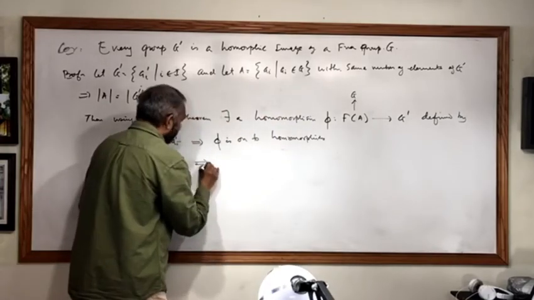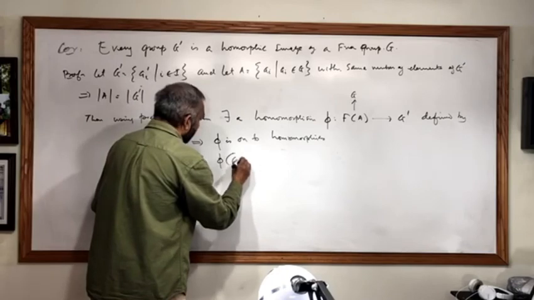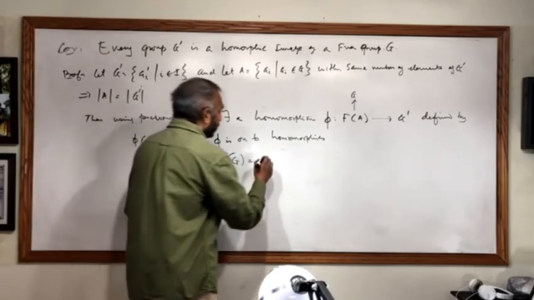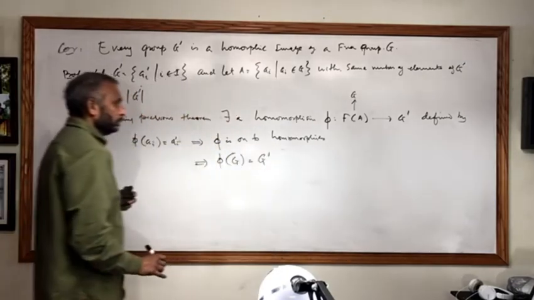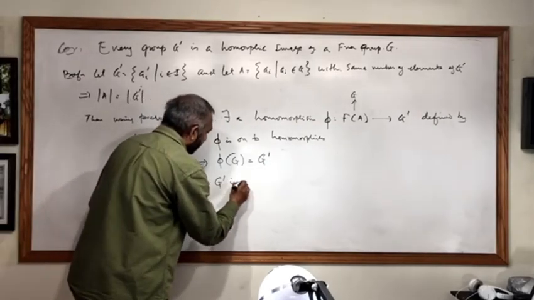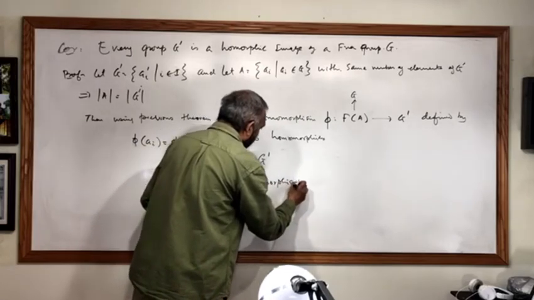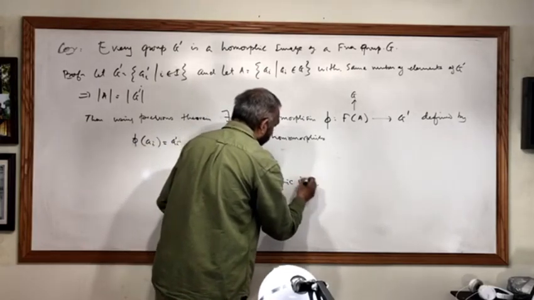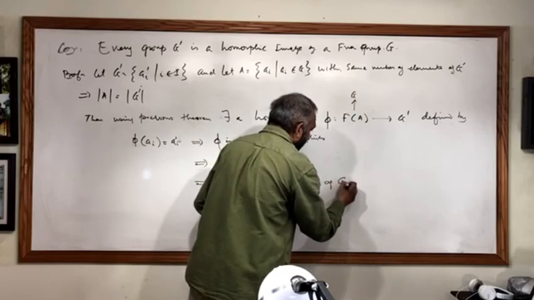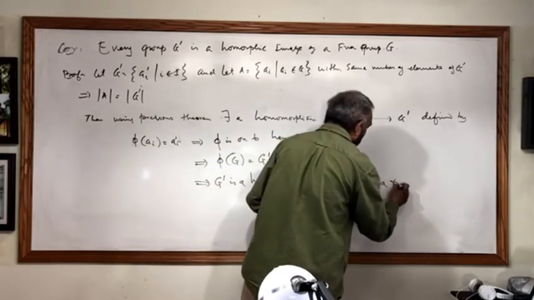And that implies phi of G is equal to G prime. And that implies G prime is a homomorphic image of G, that is equal to F of A, a free group.